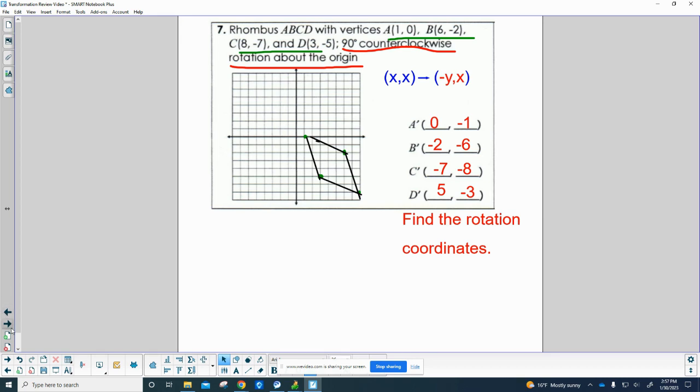Then when we plot those points, they end up in quadrant 4, because that's what we'd expect with a 90-degree rotation, which means just a quarter turn backwards. So there's the new image and the coordinates that go with it.